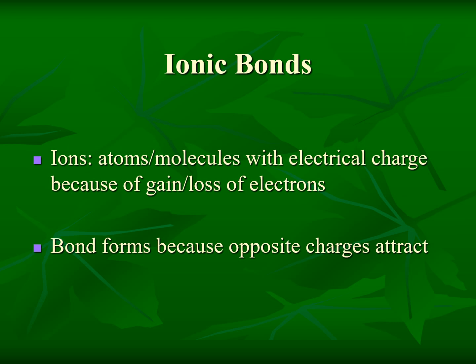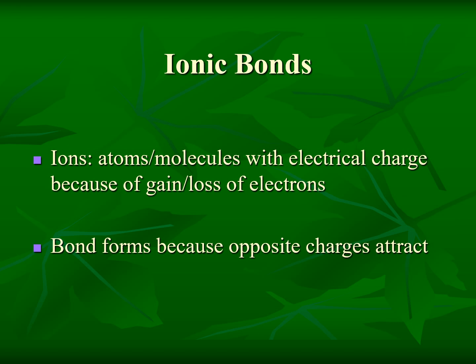So if you normally have the same number of electrons and protons, equal positive and equal negative, and you lose an electron, you lose one negative charge, so now you have one extra positive charge, if you will.